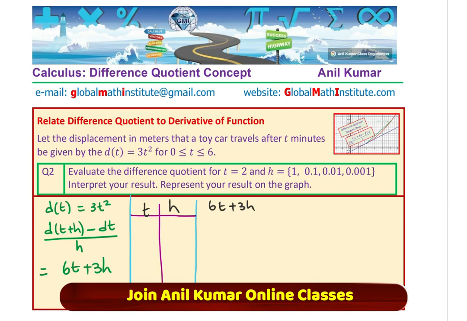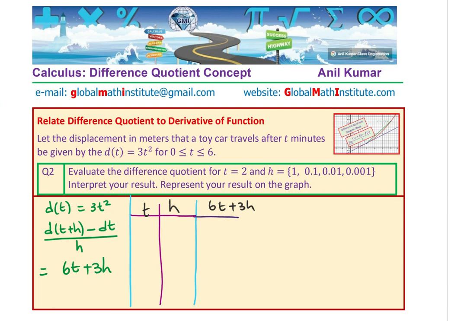For t equals 2, in each case t is 2, a constant value, h is 1. So I get 6 times 2 plus 3 times 1, which equals 12 plus 3, 15, correct? We get 15, right?